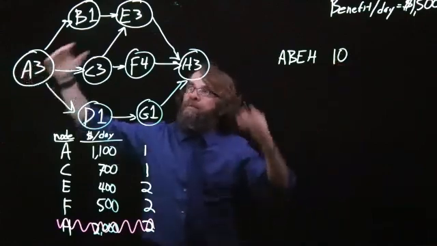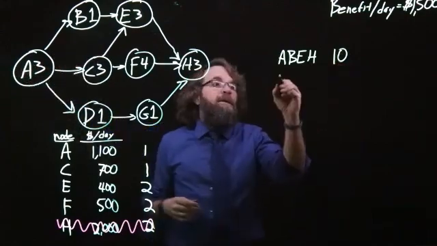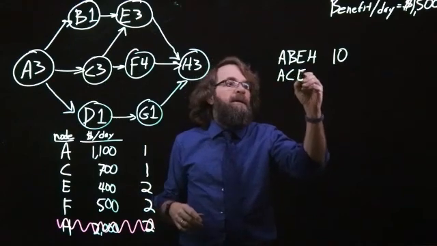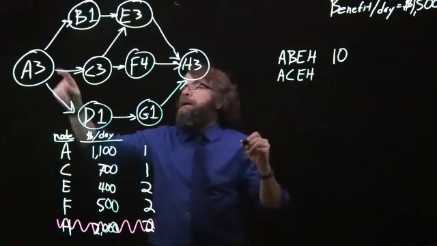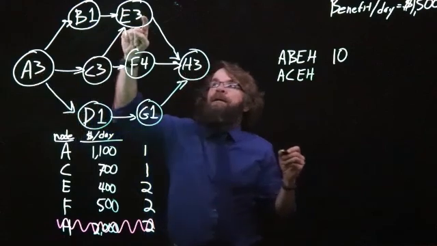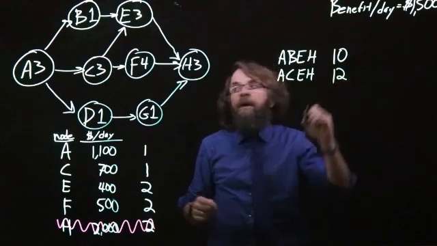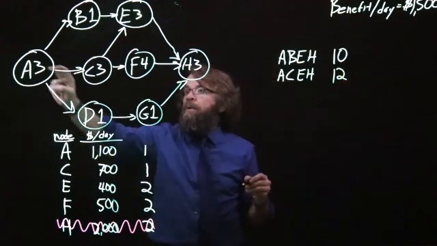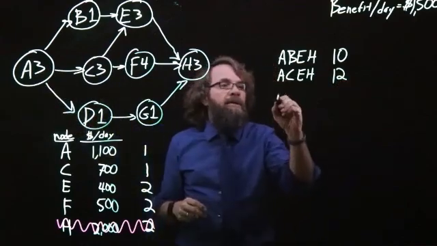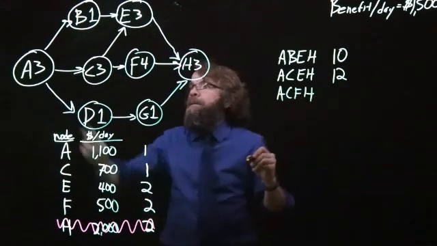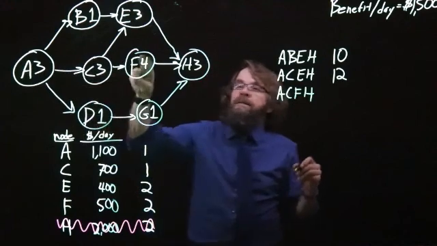The next path, working my way down, is A to C to E to H, and that takes 3, 6, 9, 12 days. And then across the middle here, we have A to C to F to H, and that takes 3, 6, 10, 13 days.